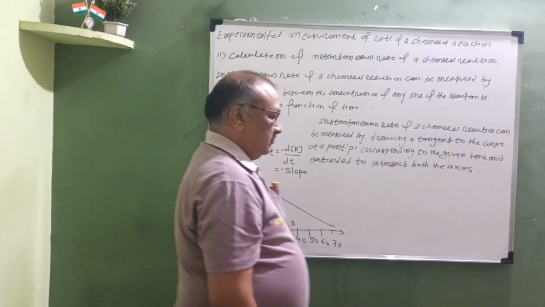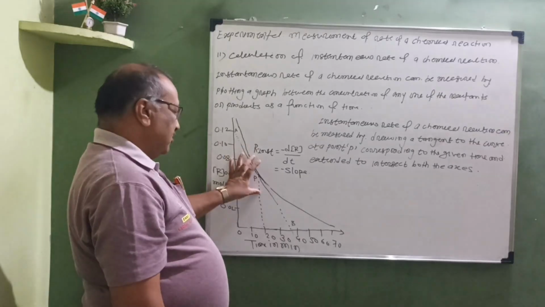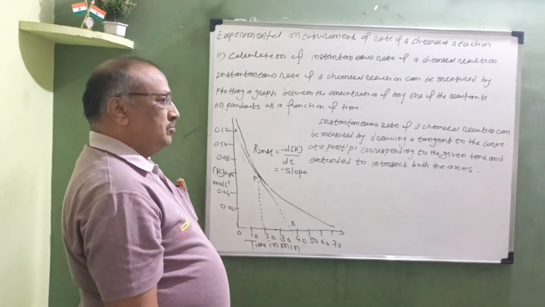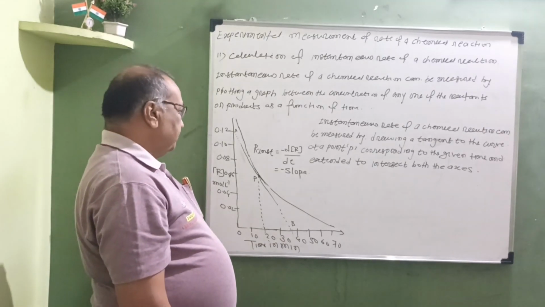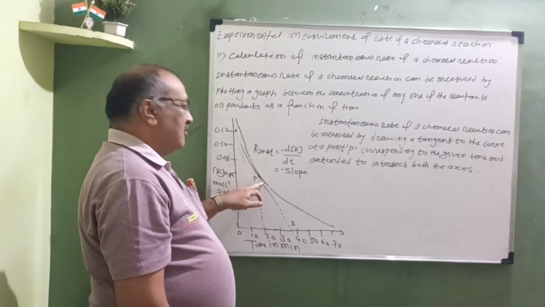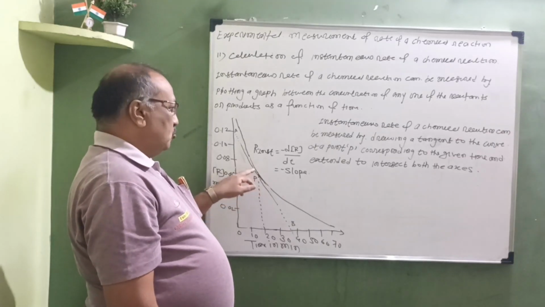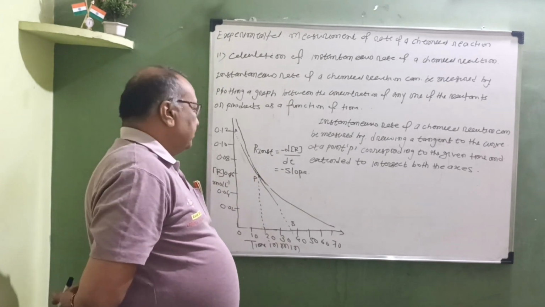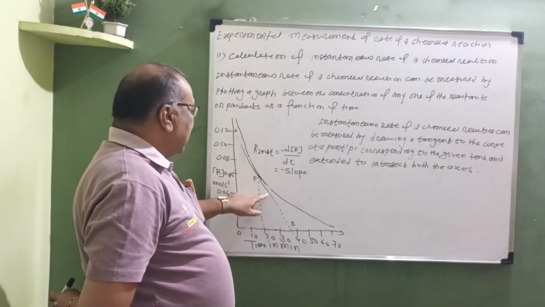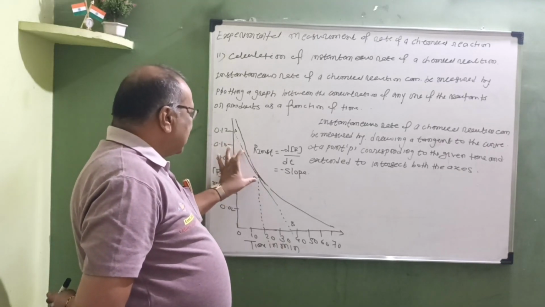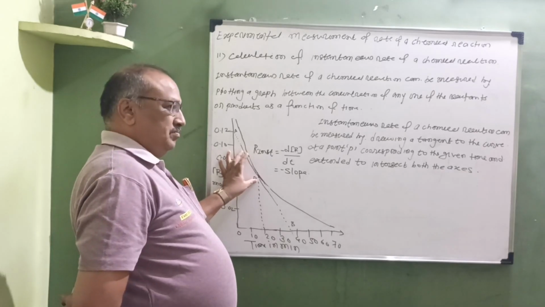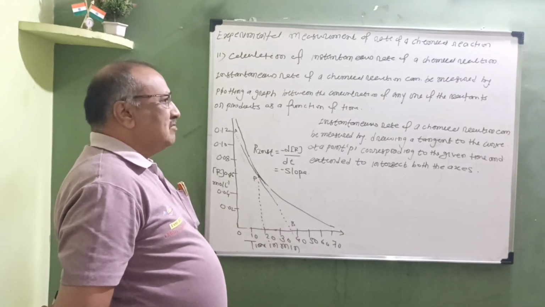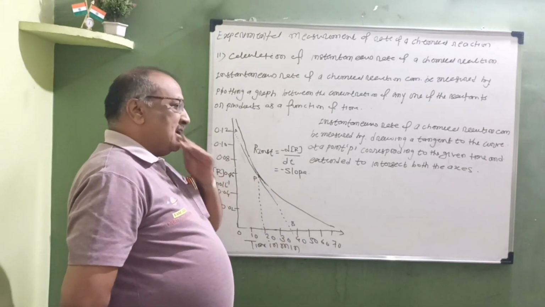That means this is your graph. You can consider this point P corresponds to the time 20 minutes. Now draw the tangent to this curve at point P. This is your tangent. Now extend this tangent to intersect both the axes, that is y-axis and x-axis.